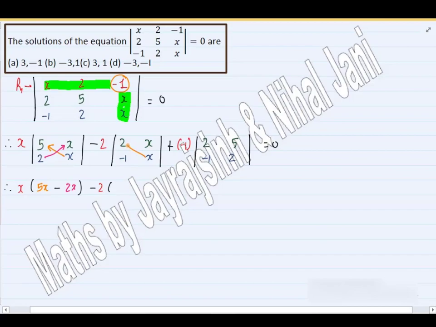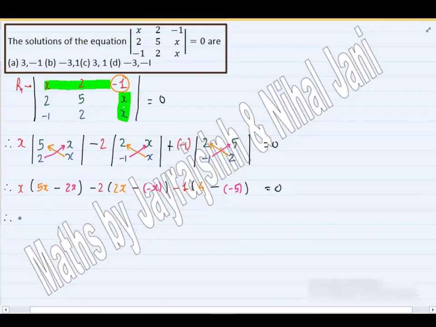Here we have to multiply x with 2, will give us 2x, minus 1 times x, minus x. Then minus 1 will be as it is, and 2 2s are 4, minus 1 5s are minus 5, is equal to 0.